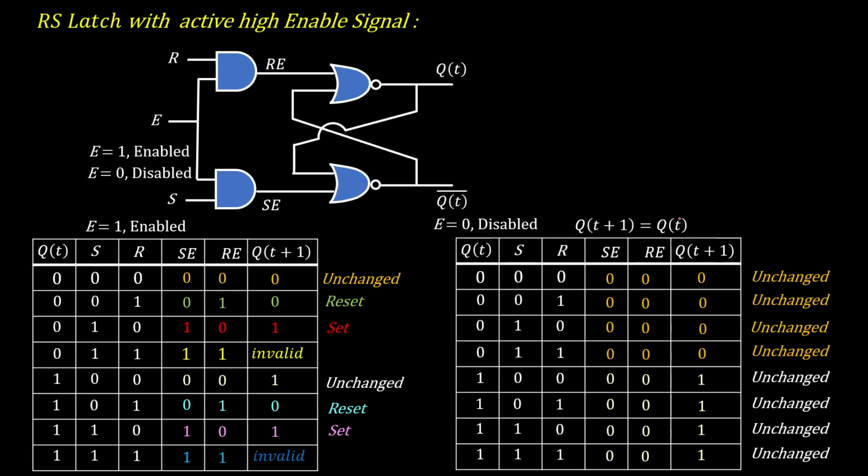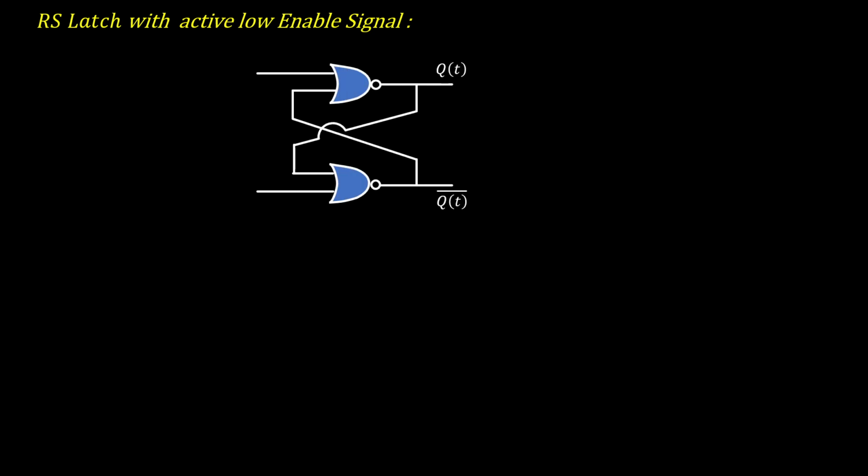In the same way, we can make an RS latch with active low enable. For the active low enable circuit, we will use a simple RS latch and two AND gates at the input. One input is R, another input is S, and another input for these two AND gates will be E bar.